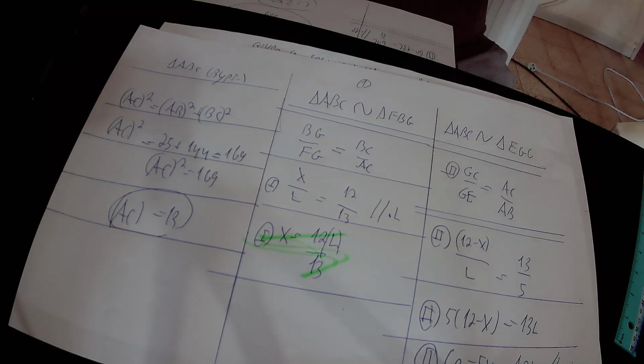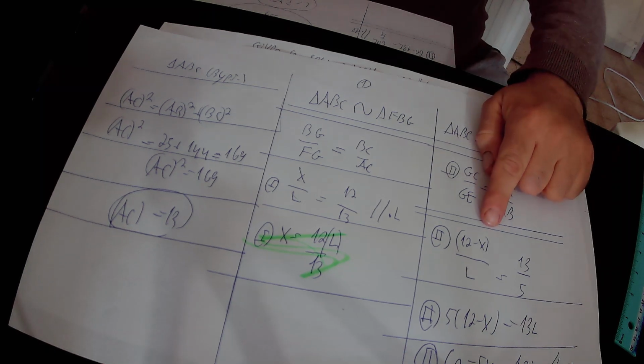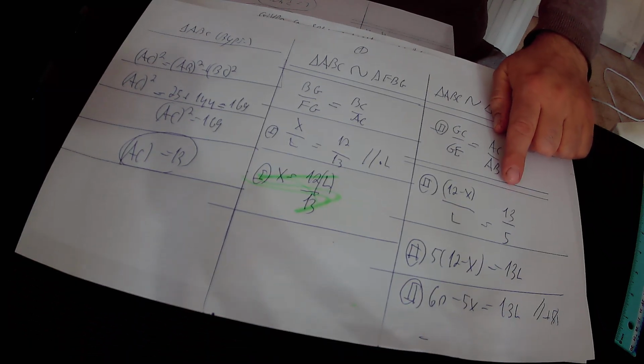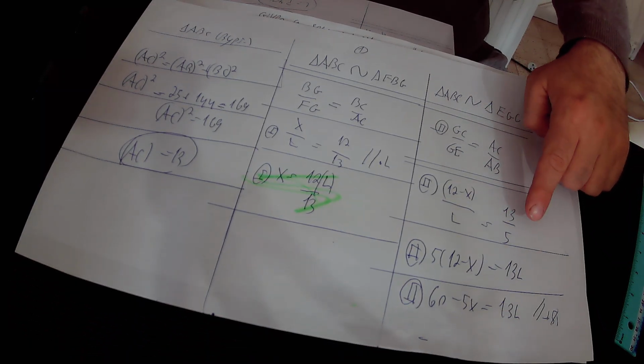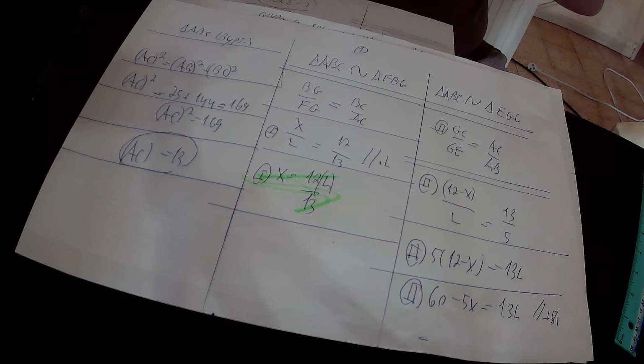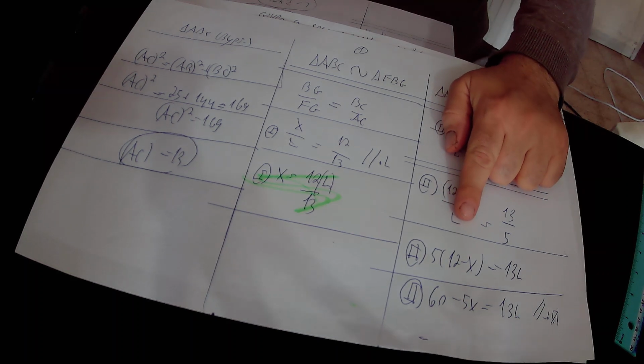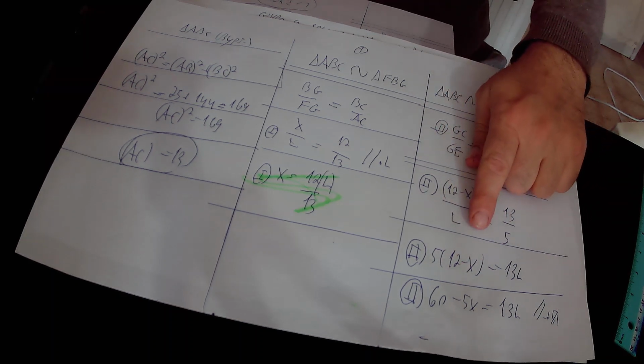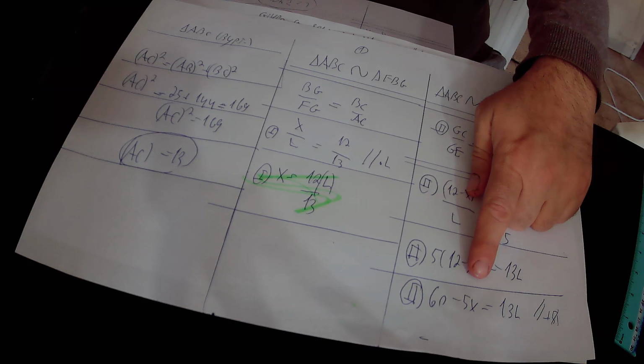So in conclusion, according to equation 2, 12 minus X over L equals 13 over 5. Here we multiply crosswise, and finally find that 5 times 12 minus X equals 13L. Here we open the brackets: 5 times 12 is 60, and 5 times minus X equals minus 5x.